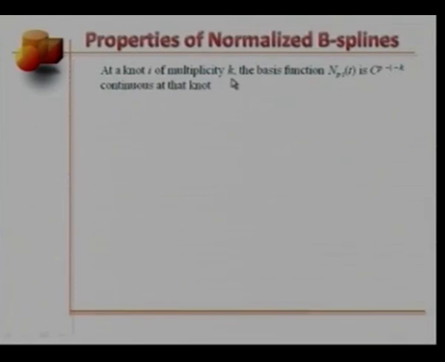If k equals 3, then at that knot, which has multiplicity 3 now, the function will be C^(p-4) continuous. So I'll keep on losing the continuity conditions one by one if I keep on increasing the multiplicity of a knot.